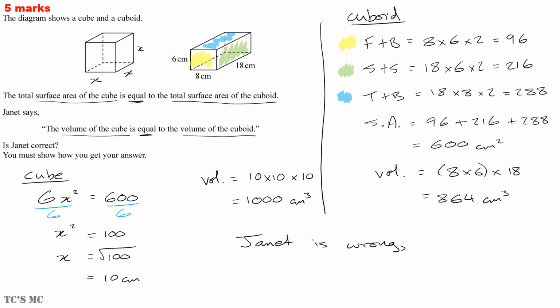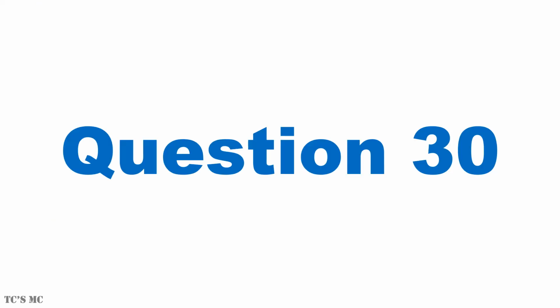And now we need to justify. So Janet is wrong because 1000 is not the same as 864. There is our fifth mark.